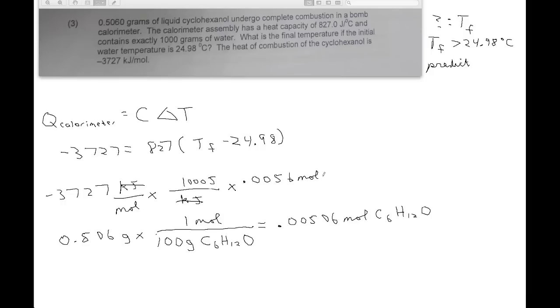Moles of the cyclohexanol. How did you know that this moles down here referred to cyclohexanol? Because it gave us the heat of combustion of cyclohexanol. That's right. They specifically said this was the heat of combustion of cyclohexanol. So it makes sense that this is moles of cyclohexanol.